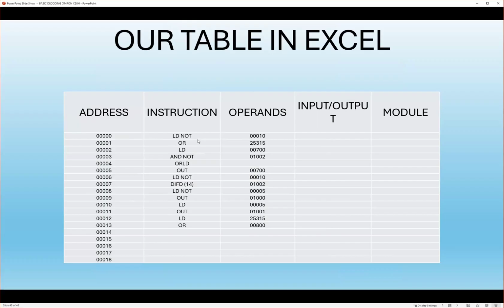So we'll basically just write down our instructions, and you can see here where on 5, I'm going to out. That would be the end of my rung, and I'm starting here again on load not. We might put a space in between or highlight it to separate our rungs, but this is what it's going to look like. And we'll just fill it out in Excel one by one, and then we'll decode it into actual ladder.